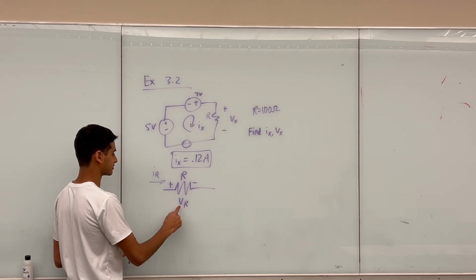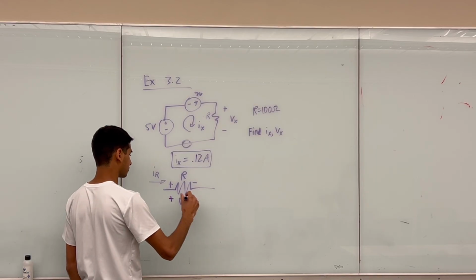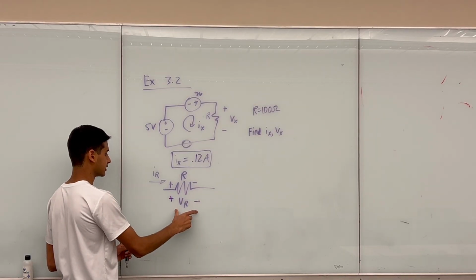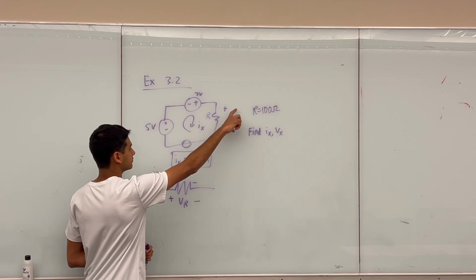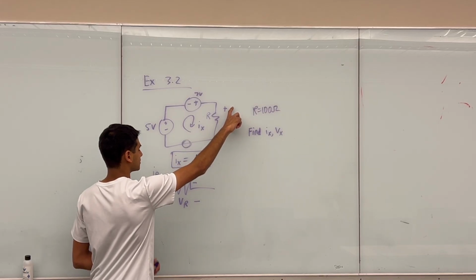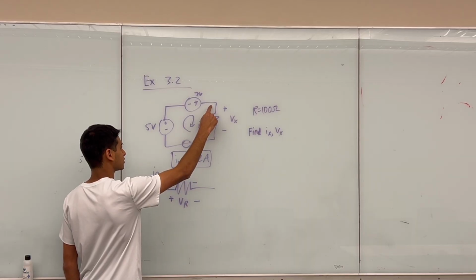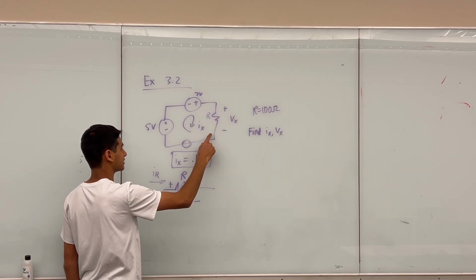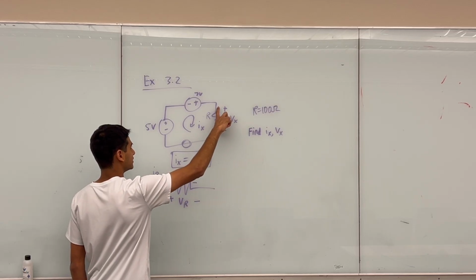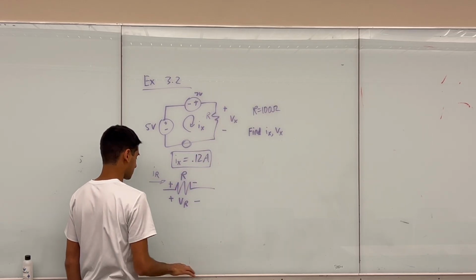And that is the direction of VR. So it's VR with plus minus being this way. And as you can see, Vx has the same direction as this smaller model here. The voltage at this terminal of the resistor is less than the voltage at this terminal of the resistor. So that means that we know that Vx has to be positive in this circuit.